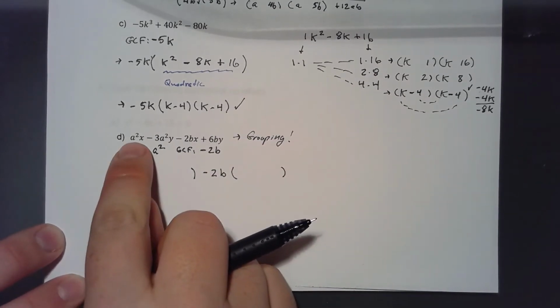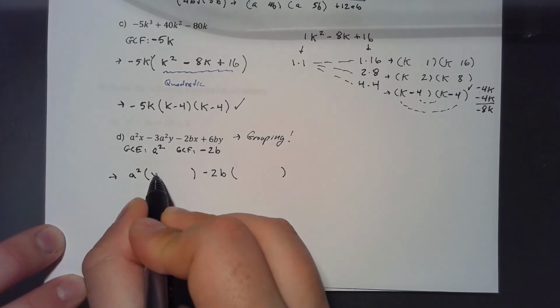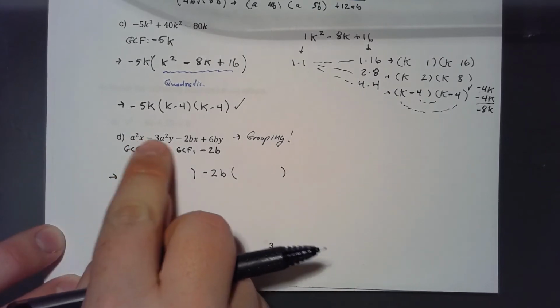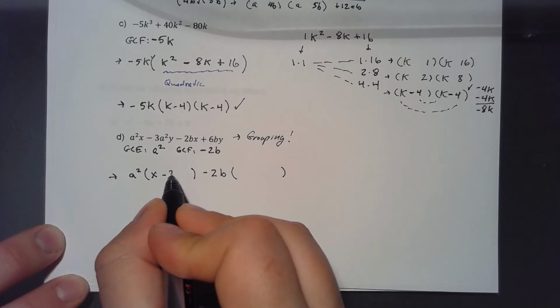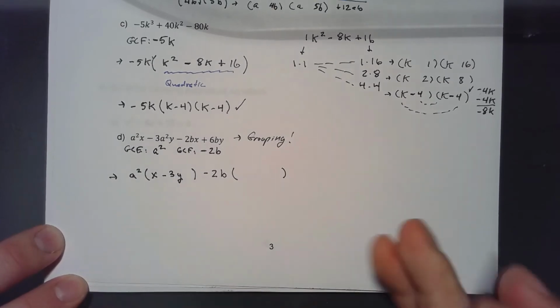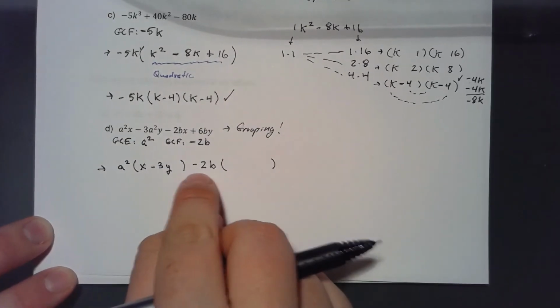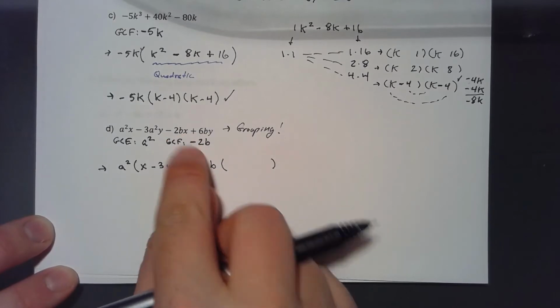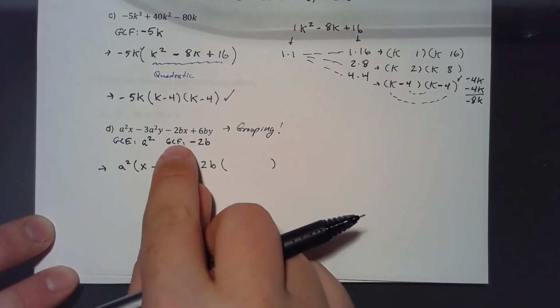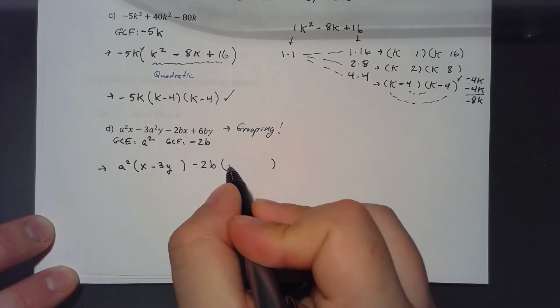A squared out of a squared x means there's an x left over. A squared out of this means there's a minus 3y left over. Minus 2b out of this, so that's going to be positive, right? Because this is negative. And there's just going to be an x there, I believe.